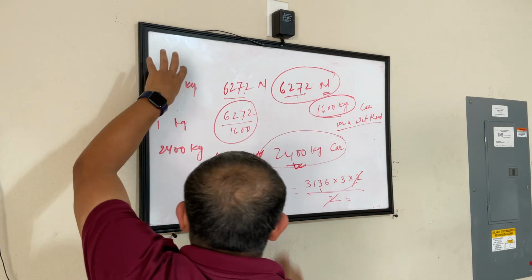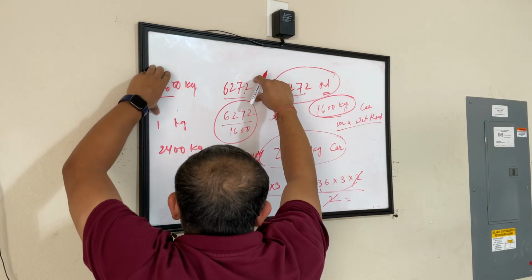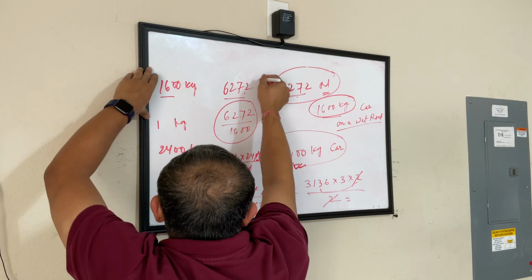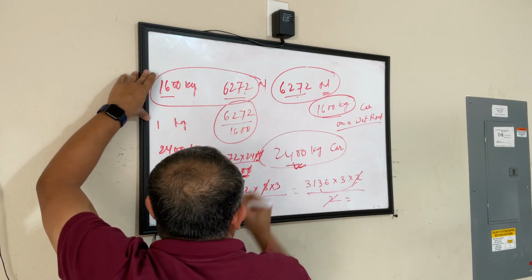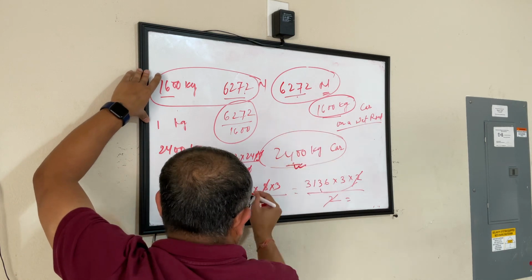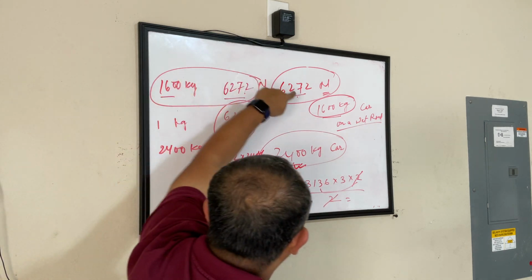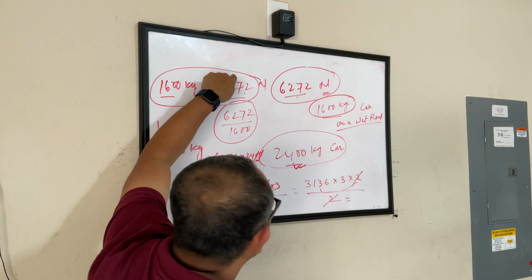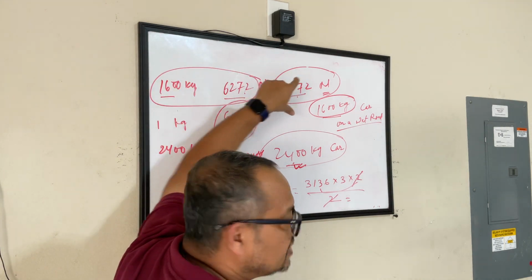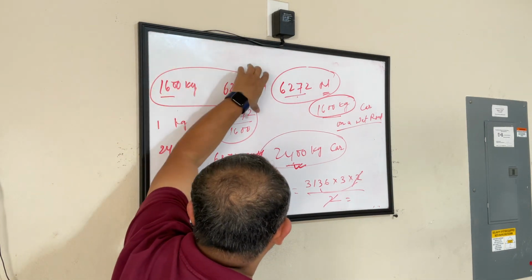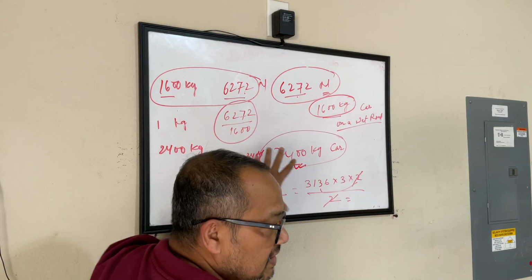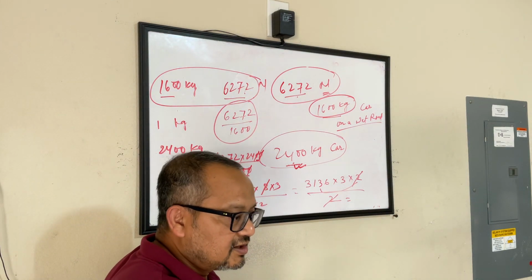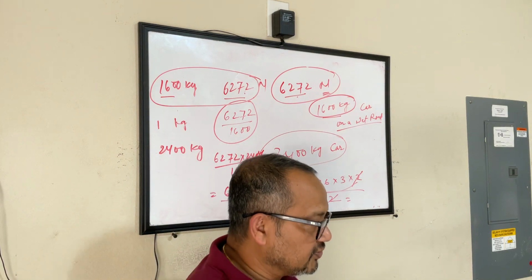Whatever is known goes on the left hand side, and whatever is to be derived has to be on the right hand side. So I have to derive the force, I'll put that force on this side and then I'll state my story: 600 kilogram, this Newton, 1 kilogram, this Newton, 2400 kilogram, apply this much force. Done deal. No complexity, no confusion.